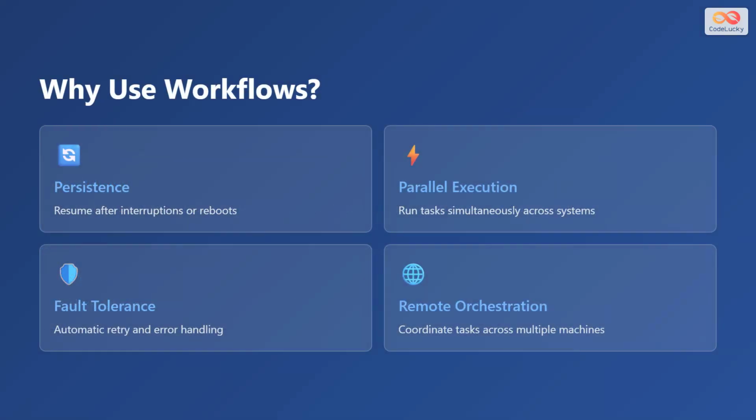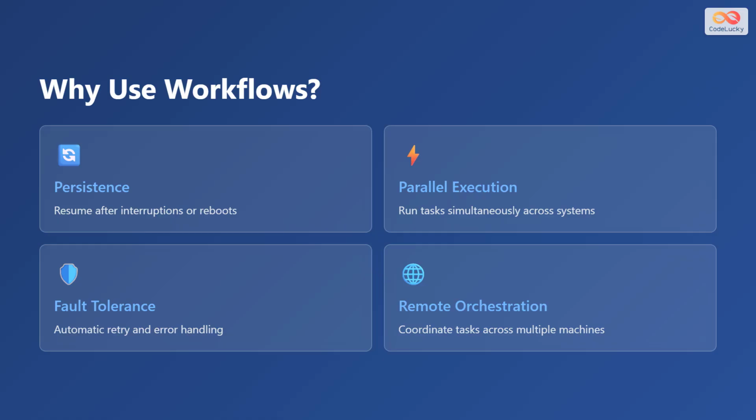There are 4 key benefits that make workflows incredibly valuable. First is persistence, which means your workflow can resume execution after interruptions or even system reboots. Second is parallel execution, allowing you to run multiple tasks simultaneously across different systems, dramatically reducing overall execution time.